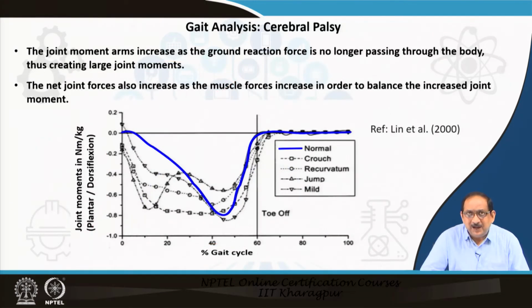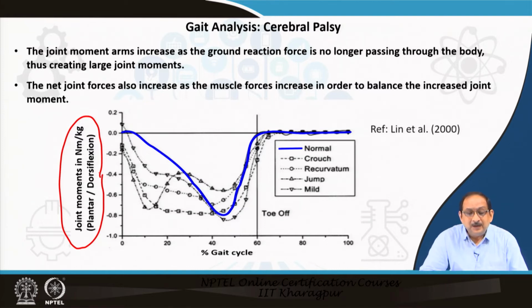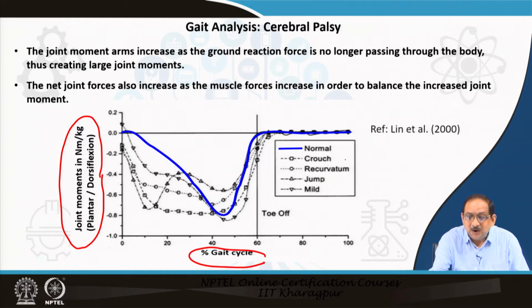Now, in the following slide, we are plotting the joint moments against the gait cycle. The joint moments are the plantar dorsiflexion moments, and it is evident from this figure that there are considerable deviations of the gait patterns in the case of the cerebral palsy patients.